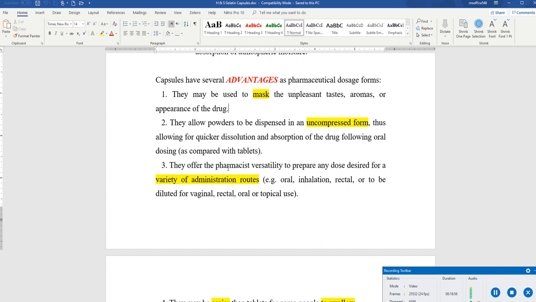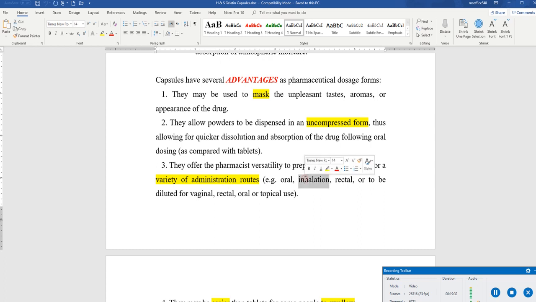Another good thing about capsules, they can be used for a variety of administration routes, including, in addition to oral, inhalation and rectal, or the content of the capsule may be diluted with, for example, water and applied in the vaginal area, rectal area, or used topically or orally after dissolving or suspending the content of the capsule in water.